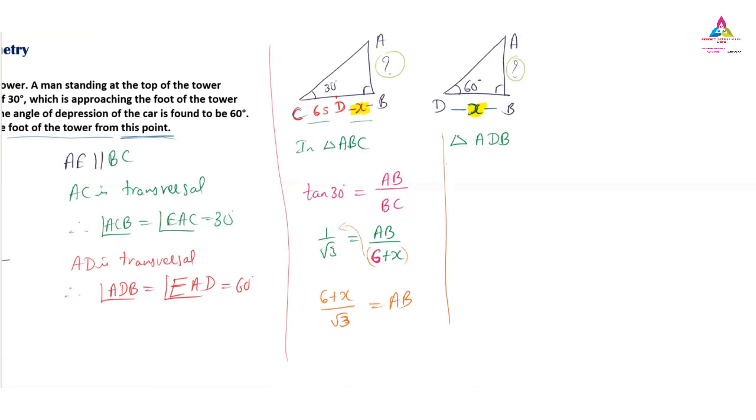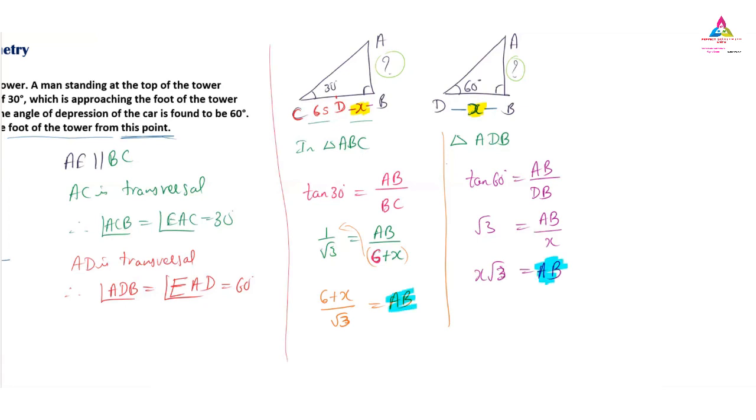Similarly, I will go for the other side. In triangle ADB, we have tan 60 degrees equals AB divided by DB. The DB value we have taken as X. So AB equals X tan 60, root 3. So we can take this as X root 3 equals AB. See here, we have AB on both sides. Actually we don't want the AB value, so we can equate them, both are equal.